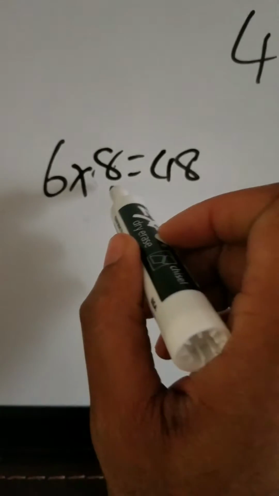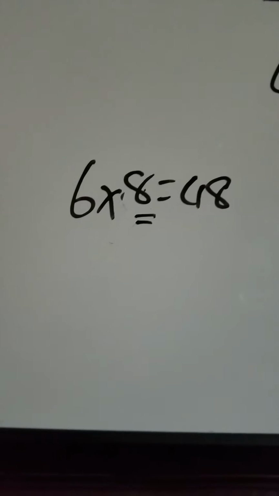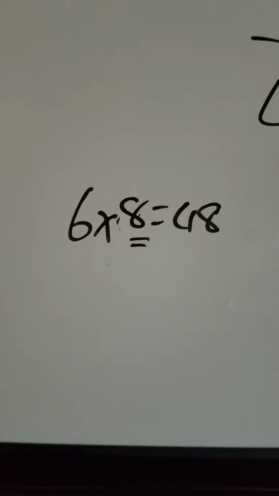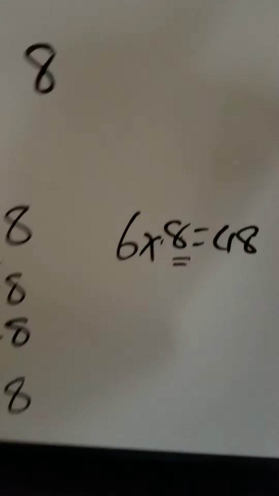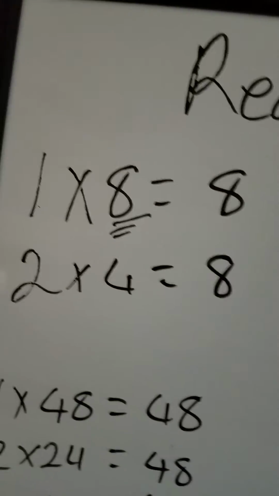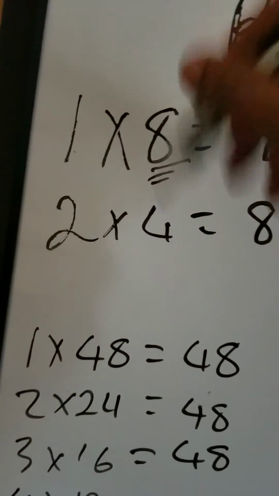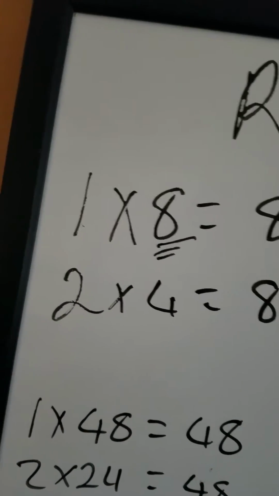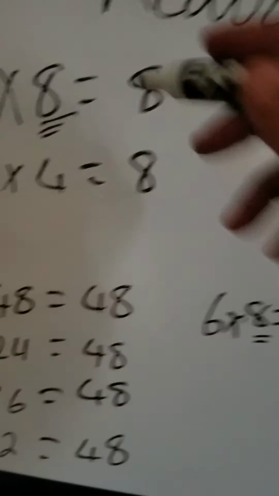So 8 is the largest factor that I will be able to use from this one, because it has to go into both numbers, and we can see that 8 is the largest number that will go into both numbers because there's no factor larger than 8 in the number 8. And so we will work with 8.